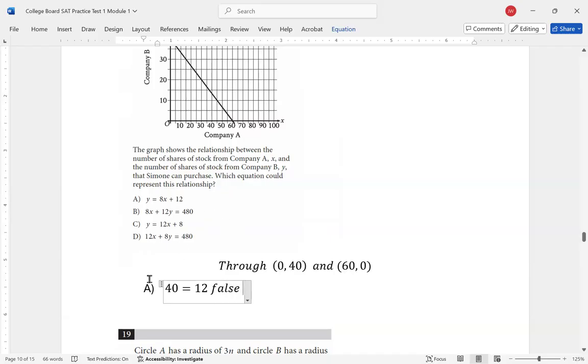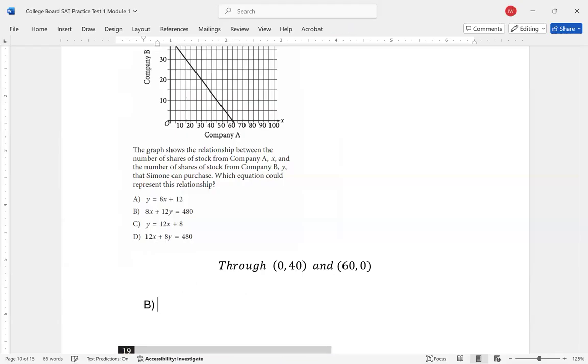And so option A is not going to work. Option B, well, if I plugged in 0, 40, 8 times 0 is 0, plus 12 times 40 is 480. So for option B, when I plug in 0, 40, I get 480 is equal to 480.